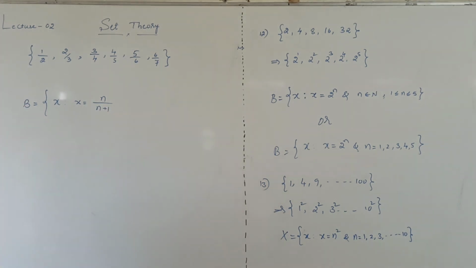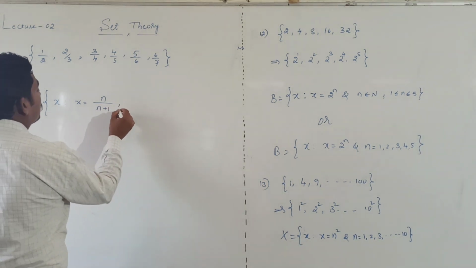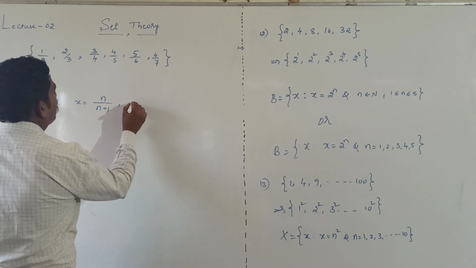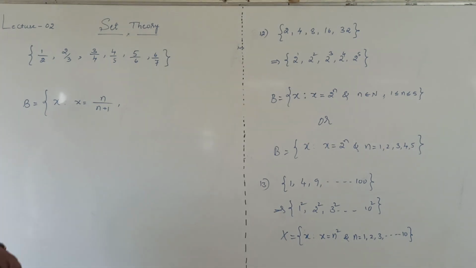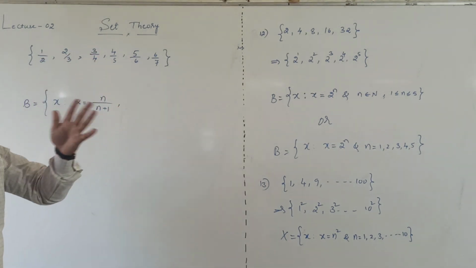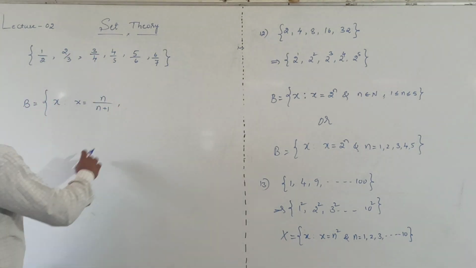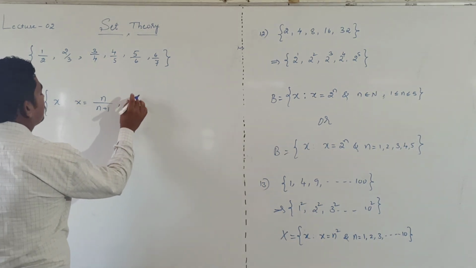And what is the restriction for n? N should be a natural number. Clearly the numerator and denominator both are natural numbers. And what is the restriction for n?